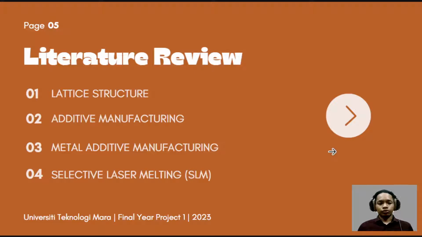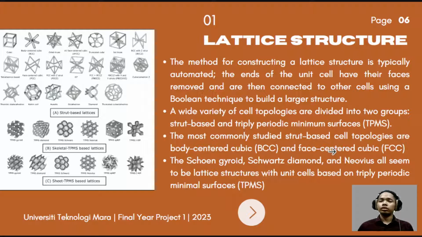Then literature review. I have 4 literature reviews that revolve in this presentation, which are lattice structure, additive manufacturing, metal additive manufacturing, and laser melting. For the lattice structure, the literature review is a method of constructing lattice structure, typically automatic. The end of a unit cell has a face removed and then interconnects to other cells using Boolean technique.